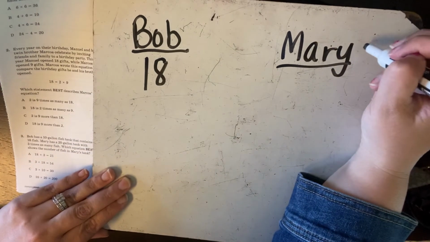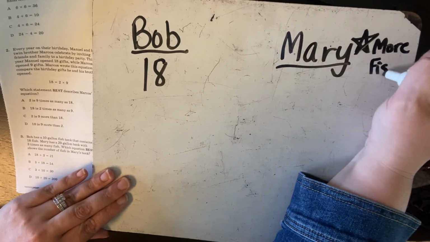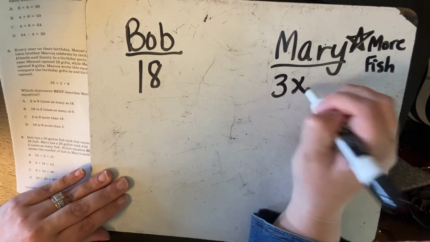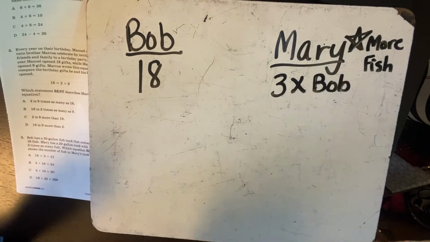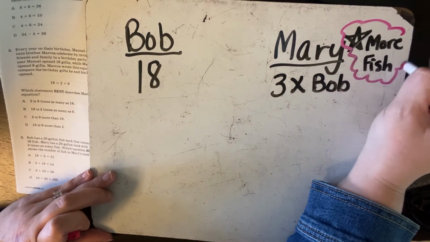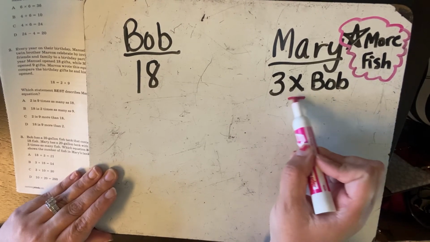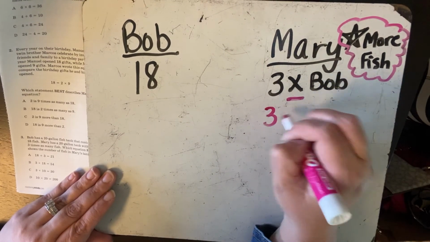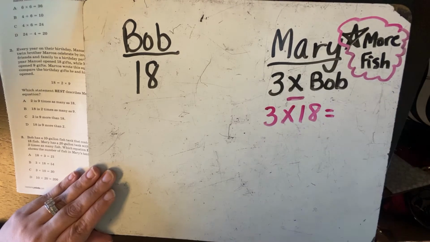Remember, her tank is bigger, so she is going to have more fish. She has 3 times more than Bob. So she has more fish, so we need to get a bigger number for Mary. So it makes more sense that we're going to multiply to get a larger number for Mary, and that would be an equation of 3 times 18.